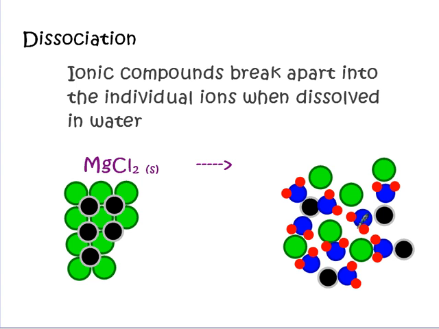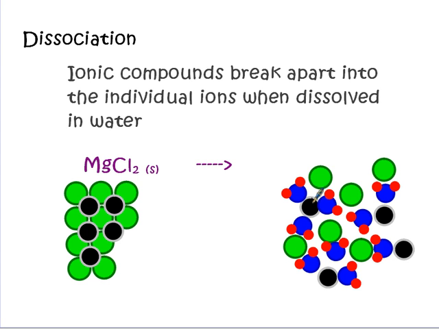So with this magnetic attraction, the positive end is where the hydrogens are, and see how the red hydrogen atoms here are surrounding the negative chloride ions. And the oxygens are a little bit negative on the water molecule, and you can see how they're surrounding the positive magnesium ion in the center.